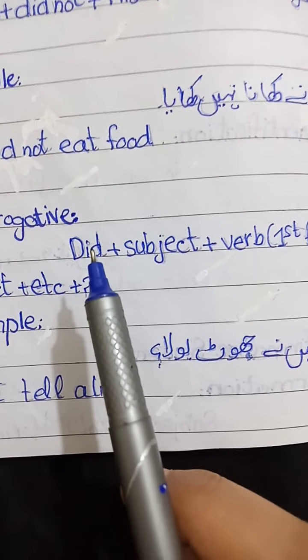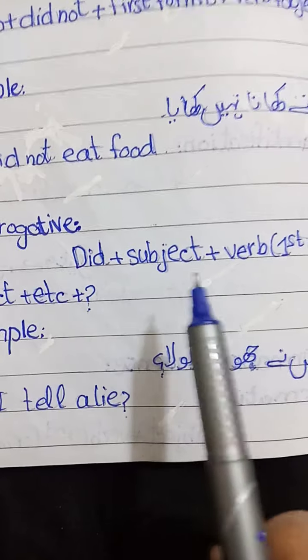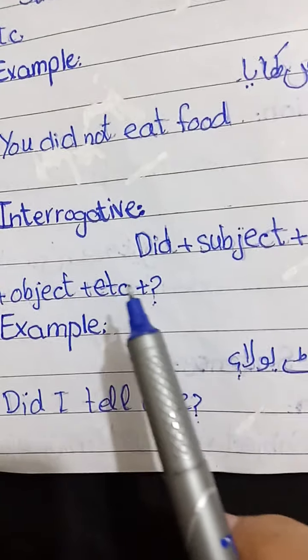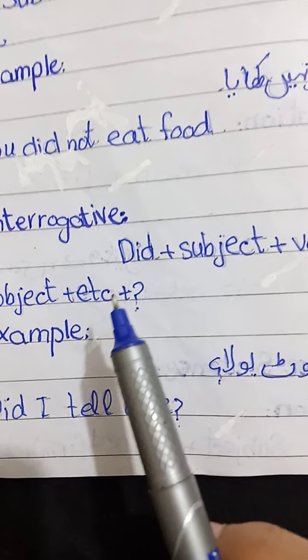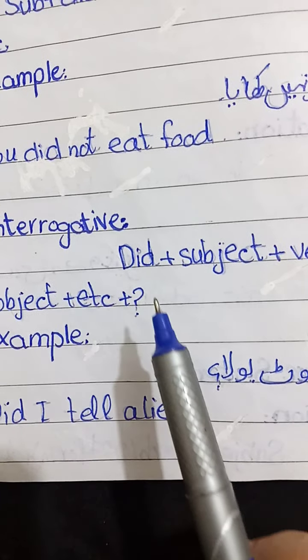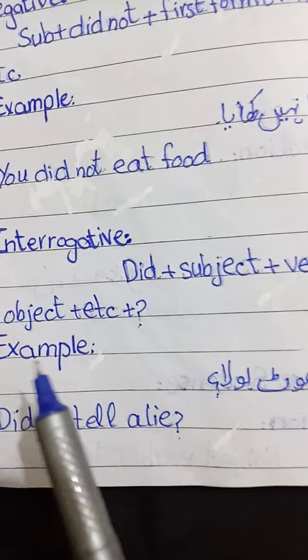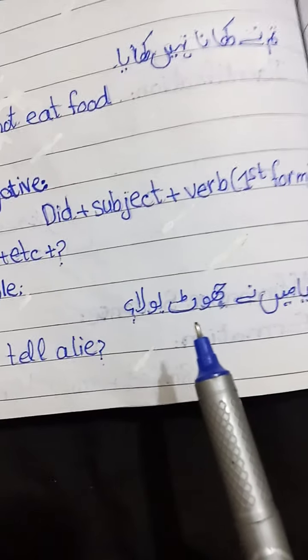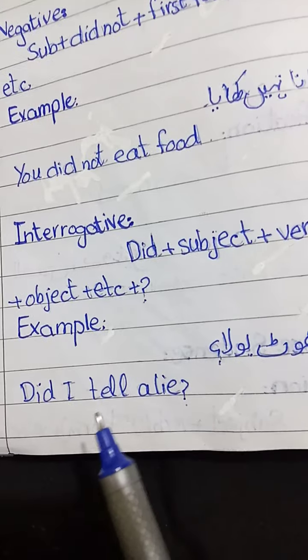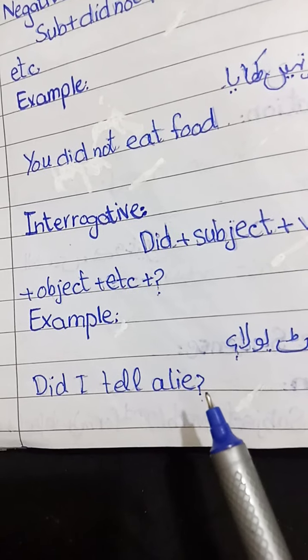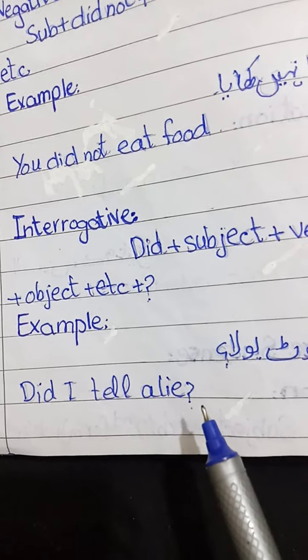We use did at the start of the sentence, then comes the subject, then the first form of verb, then the object, and then etc. At the end of interrogative sentences, we put a question mark. An example of this one is, क्या मैंने झूठ बोला? Did I tell a lie? And at the end of the sentence, we will put a question mark.